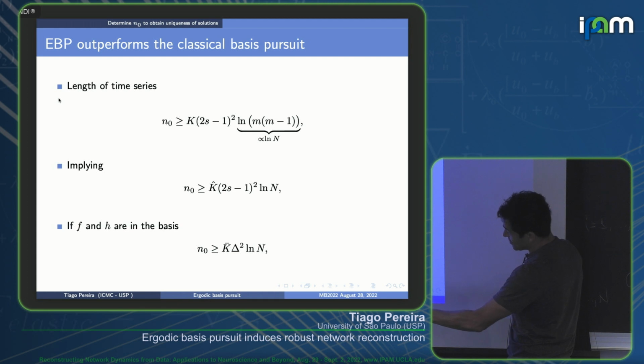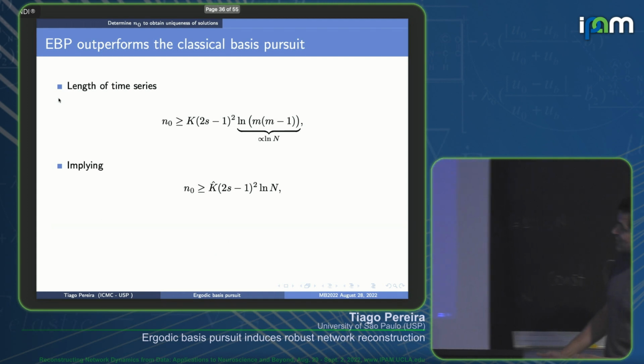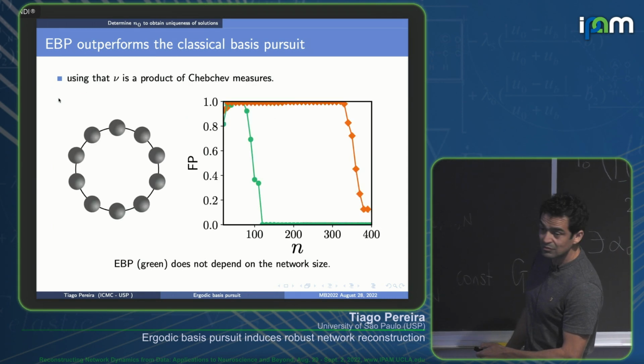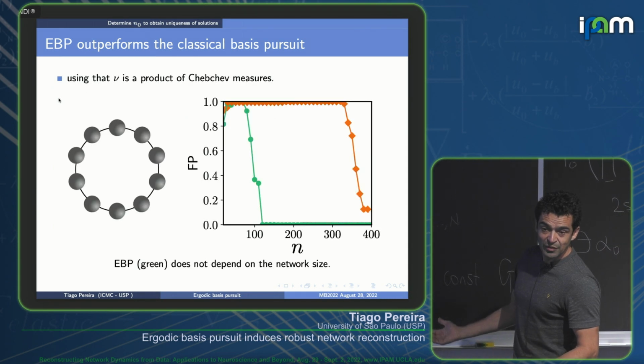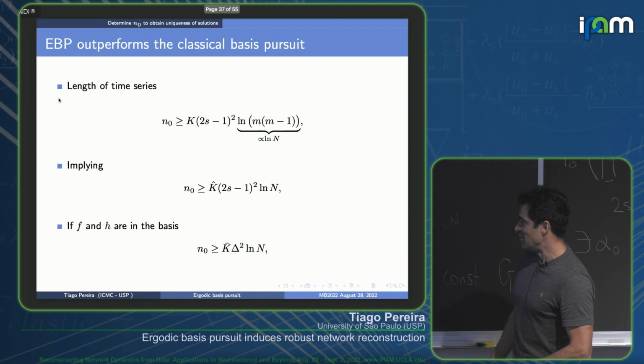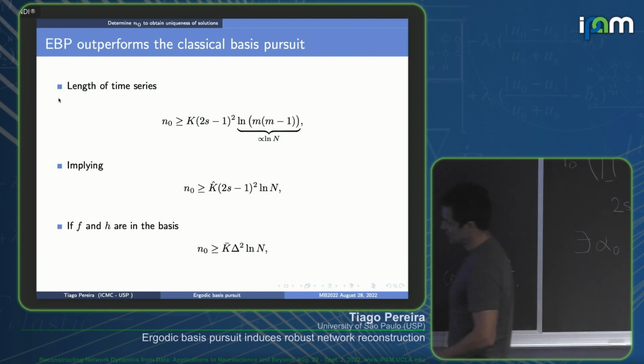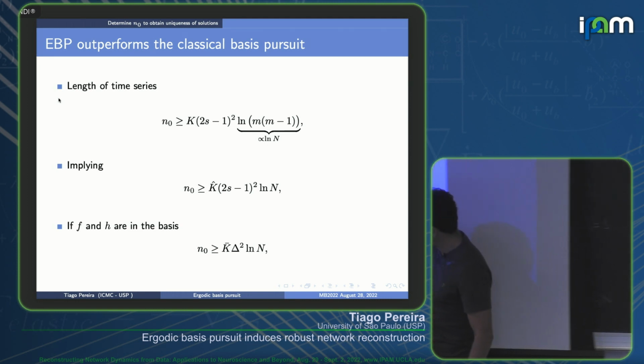This can actually be super good. For example, the degree of the system in this example was 2, so it does not depend on the system size, basically. I mean, some people believe that log is not a function, right? So basically constant. This is very good.